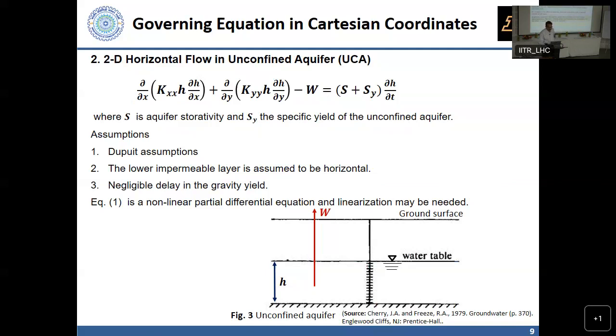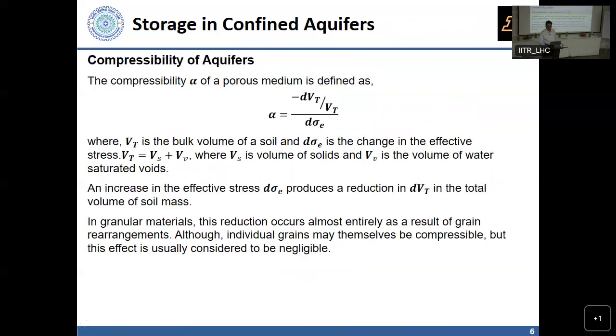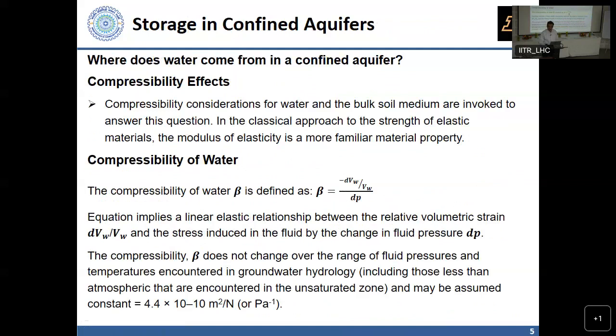So the reason is, in both cases, when we apply a positive pressure, we expect the volume to go down. So the change in volume dV is negative. So from an original volume of VW, the new volume is VW plus this change in volume, but this change in volume is negative.